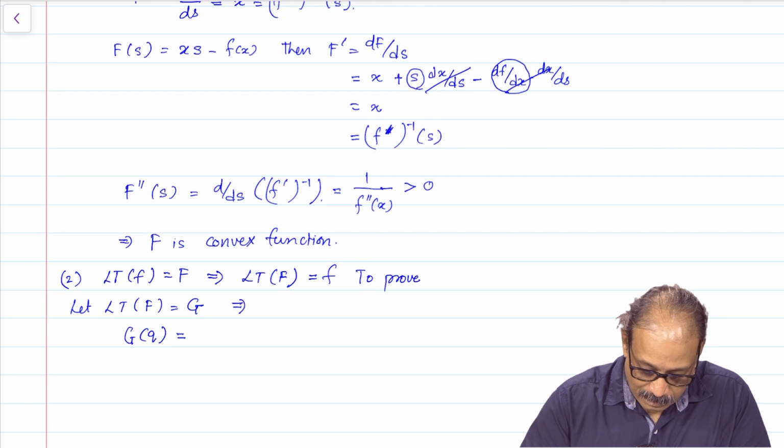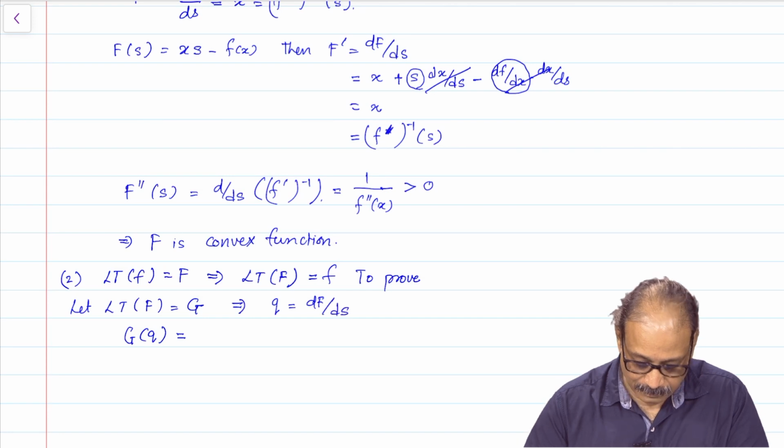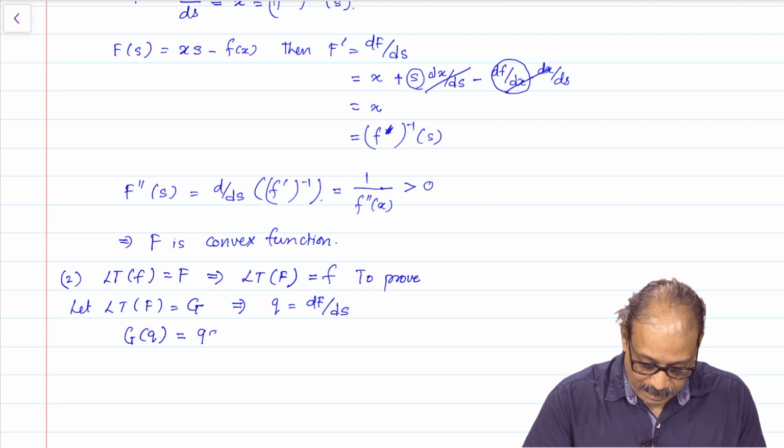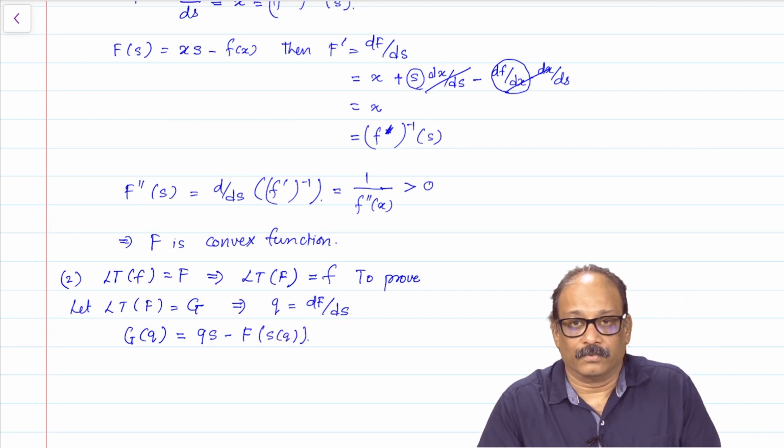What does that mean? I need to define variable q, which is nothing but dF by ds, and G of q is q times s minus capital F of s, which is in turn a function of q.